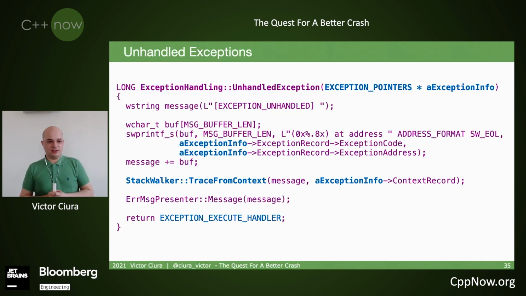And we have a helper function, a stack walker trace from context, that can build a nice message starting from this context record in this structure that the CRT gives us. And you can choose how to present this error, or if you want to silently ignore it or log it or anything. And you can just let the application crash or whatever you want here.